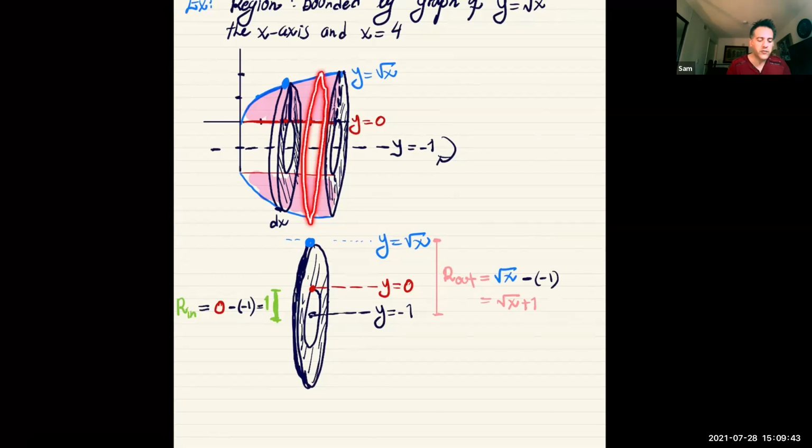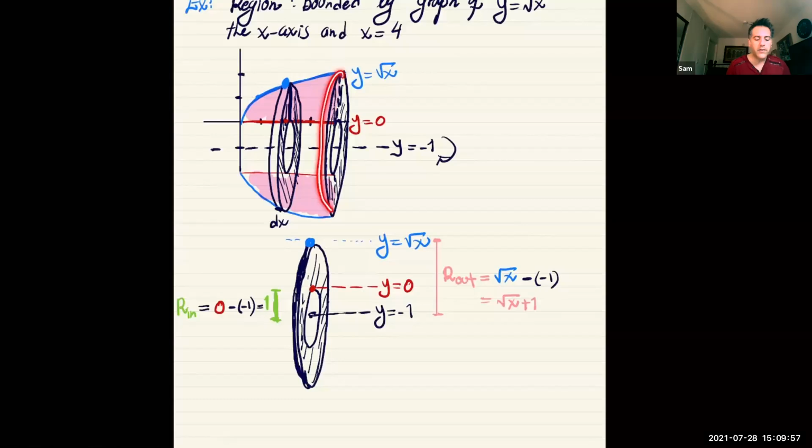See, if I choose x smaller, the outer radius gets small also. I choose x big, the outer radius also gets big. So the radius of the outer disk is a function of x.